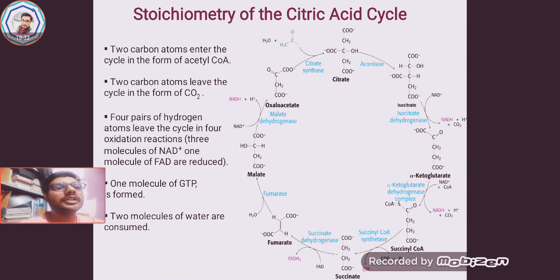So if we look at the stoichiometry of the citric acid cycle, 2 carbon atoms enter the cycle as acetyl coenzyme A. Then 2 carbon atoms leave the cycle in the form of carbon dioxide. 4 pairs of hydrogen atoms leave the cycle in 4 oxidation reactions. 3 molecules of NAD and 1 molecule of FAD are reduced. 1 molecule of GTP is formed. 2 molecules of water are consumed.